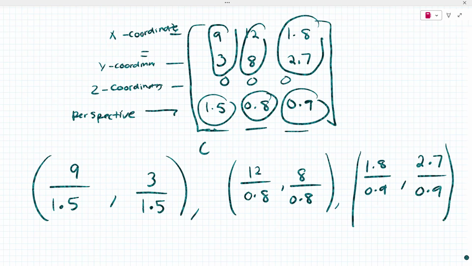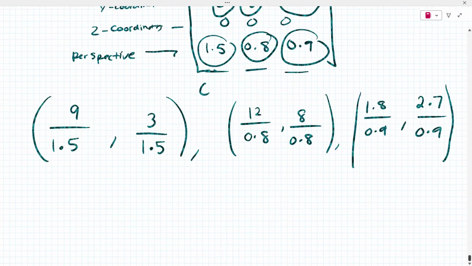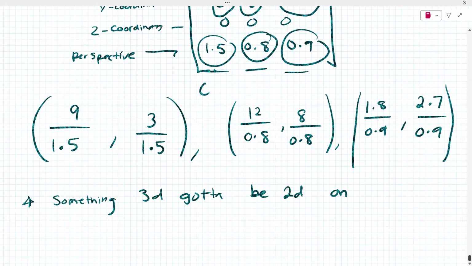Something 3D has got to be 2D on your screen. Makes sense, right?